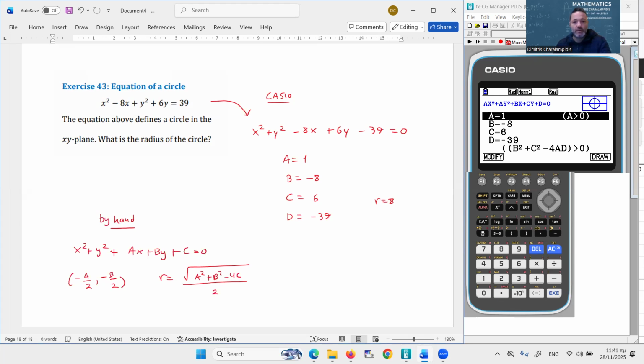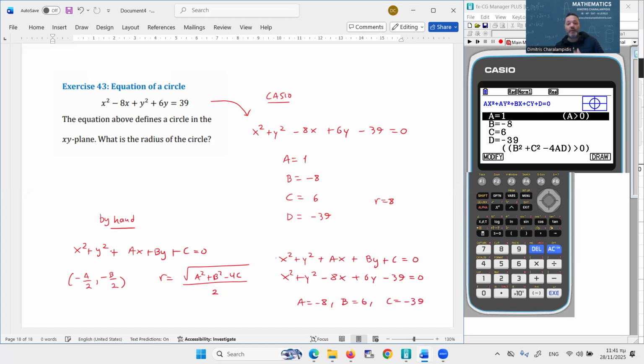In this particular form, x squared plus y squared plus ax plus by plus c equals 0, and by comparing that with what I have, I can see that A is -8, B is 6, and C is -39.